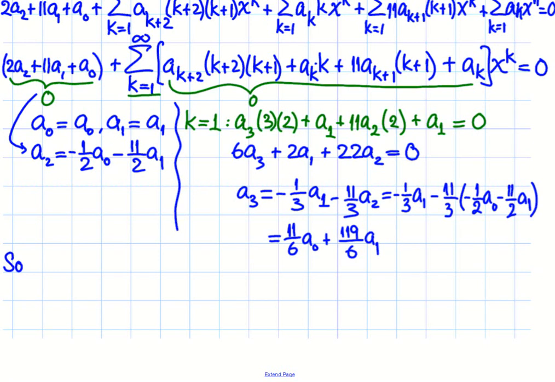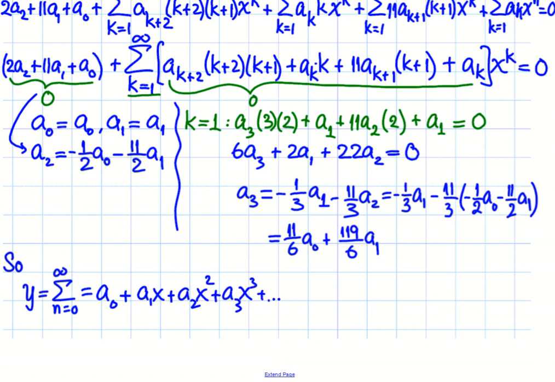Y as a summation n equal to 0 to infinity, A0, A1x, I'm sorry, A0 is a constant, A1x, A2x squared, A3x cubed, and A4x to the fourth, and so on. Now we don't have anything about A0, so we have A0 plus A1x.